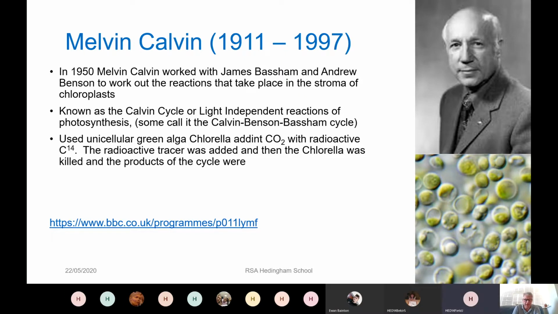Then he analysed it to find out what products had been made, and he did this in shorter and shorter time periods after supplying the radioactive carbon-14, and he was then able to identify the chemical substances that were produced.